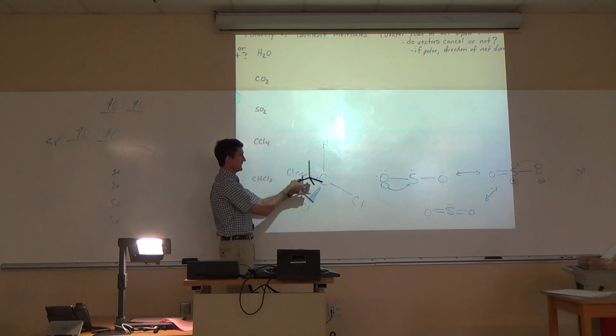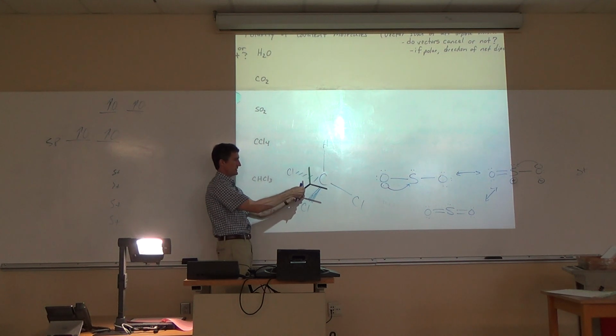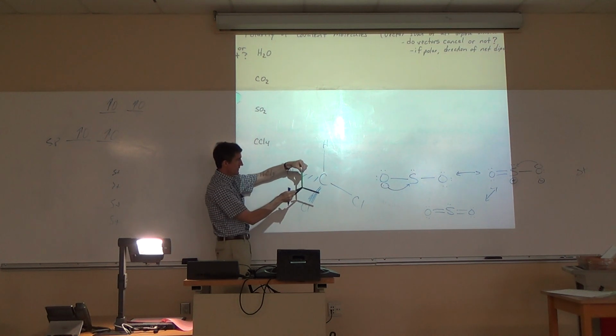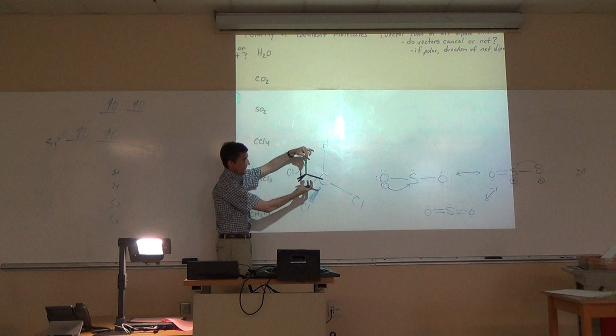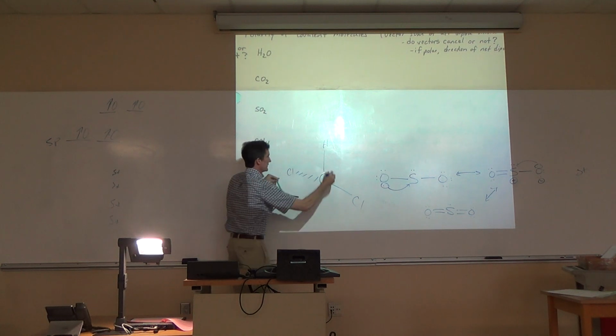In real life, H straight up, like that. This chlorine is actually a little bit lower, and these 2 are right behind each other. Yeah? So if this was on the board like this, the net dipole would be coming straight down.